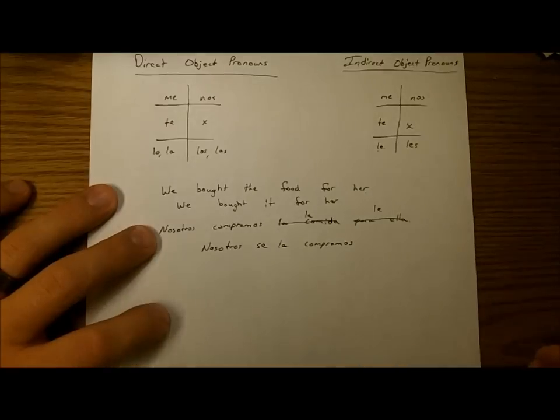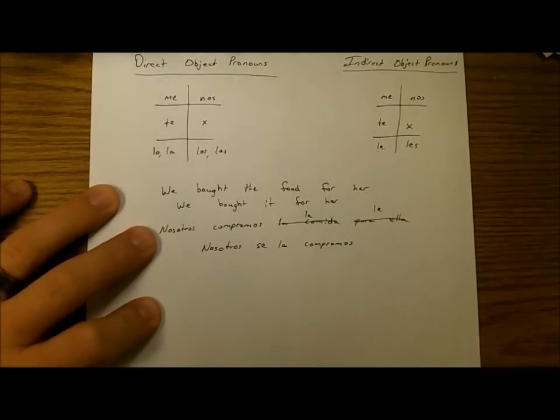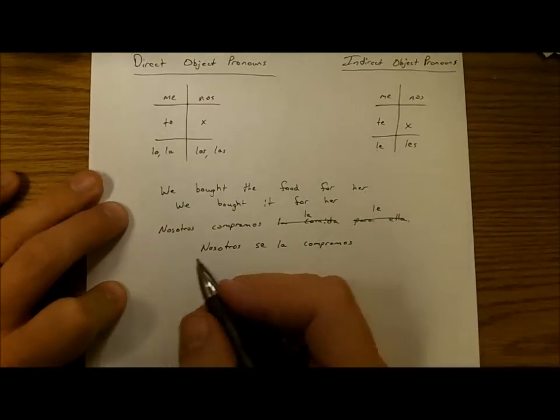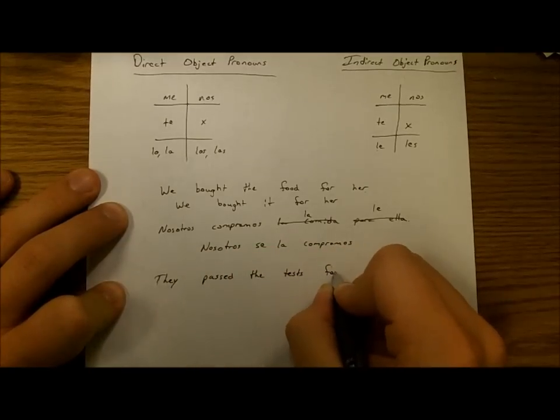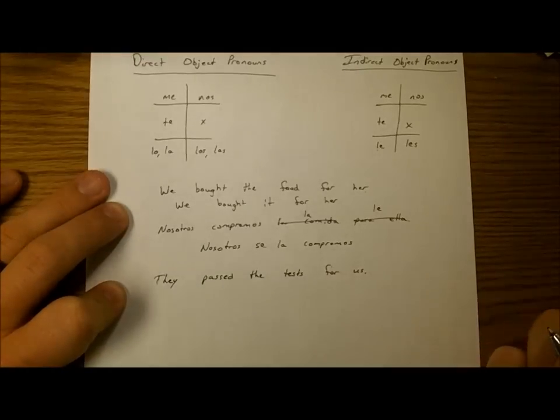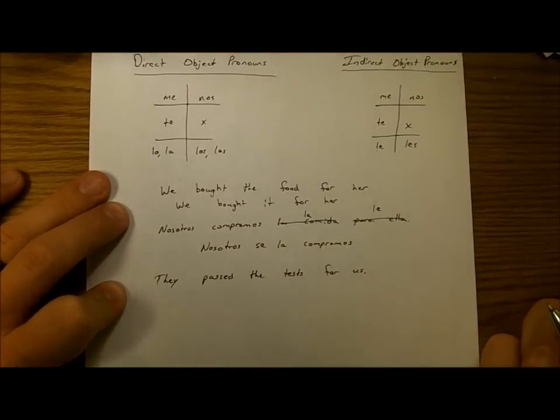Alright, next example. They passed the tests for us. And by the time we get done with this sentence, we want to say, they passed them for us.